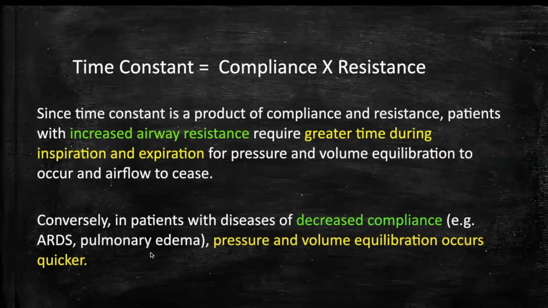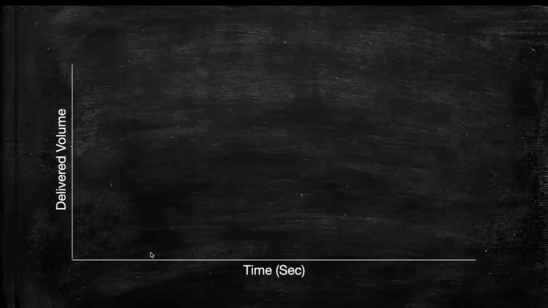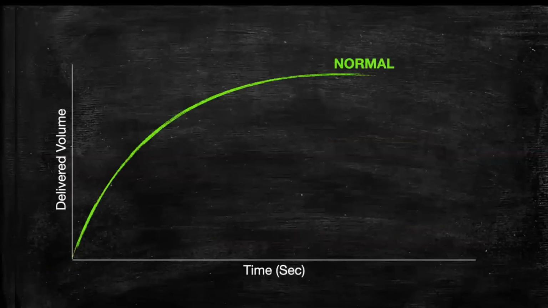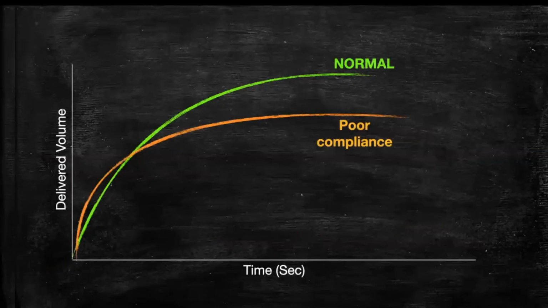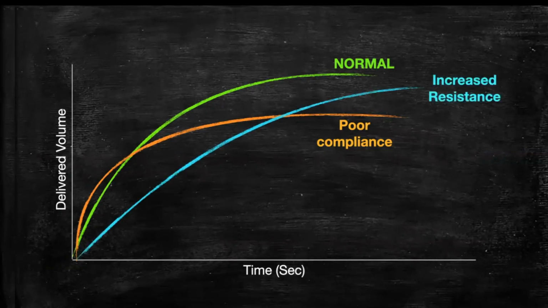So this is important. Their time constant will be actually shorter. So if we compare a normal lung, a poor compliance patient will have volume equilibrium occurring much earlier compared to normal lung, while in patients with increased airway resistance, the time constant is longer and it takes much longer time for volume equilibrium.